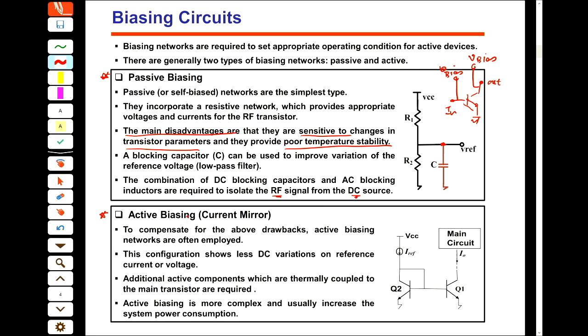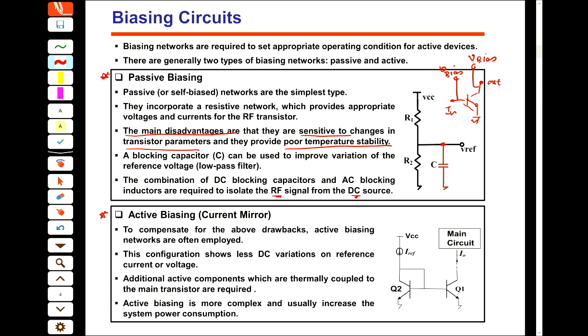In the active biasing, we use another transistor. It could be similar to the Q1. I mean, we can select Q2 exactly similar to Q1, or it could be different. It depends. If we select these two the same, then the design is much easier.